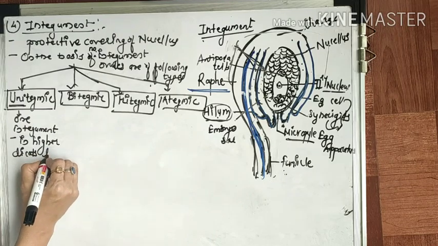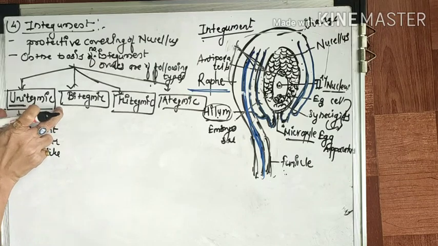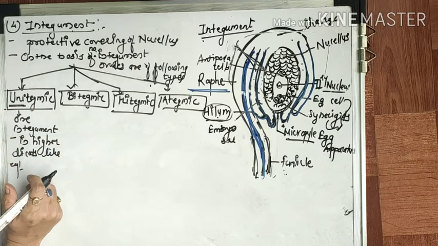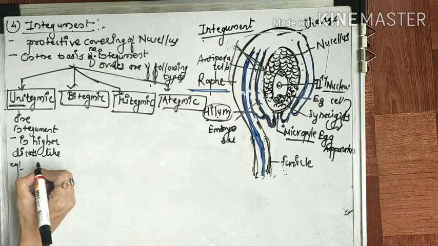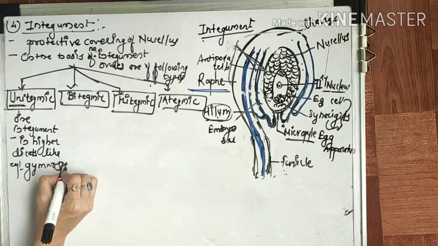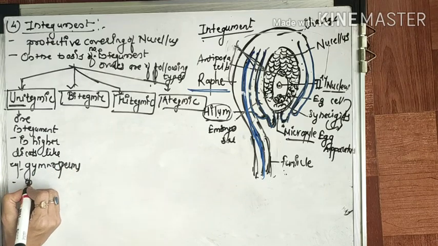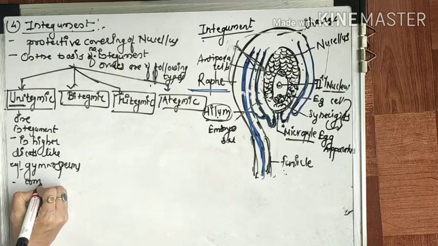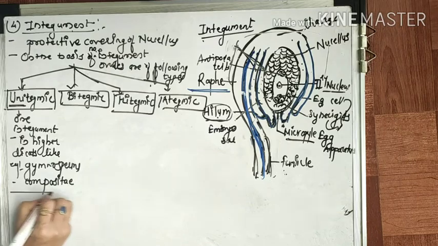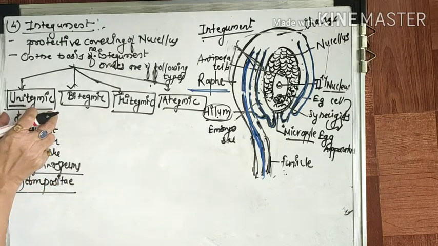For example, gymnosperms, and also in the Compositae family. So these are two examples of unitegmic ovules.